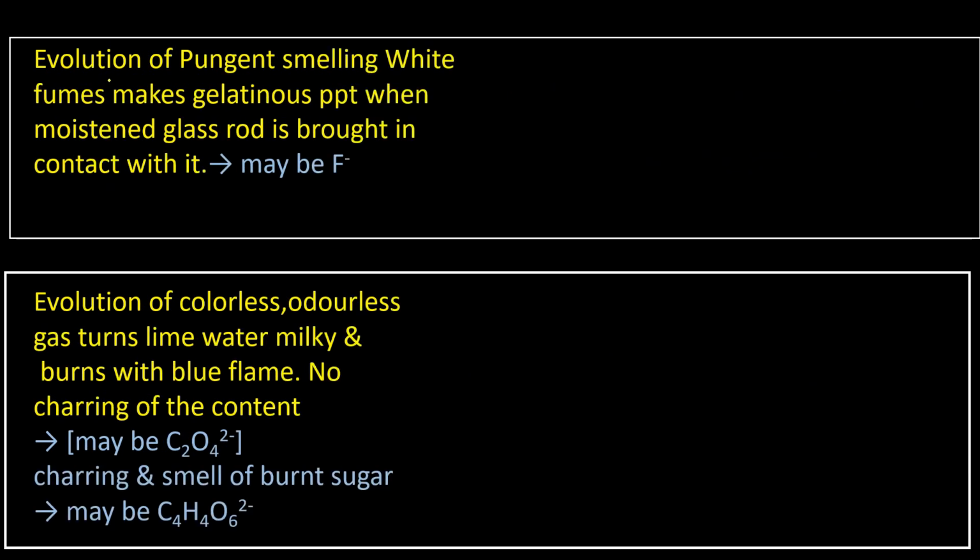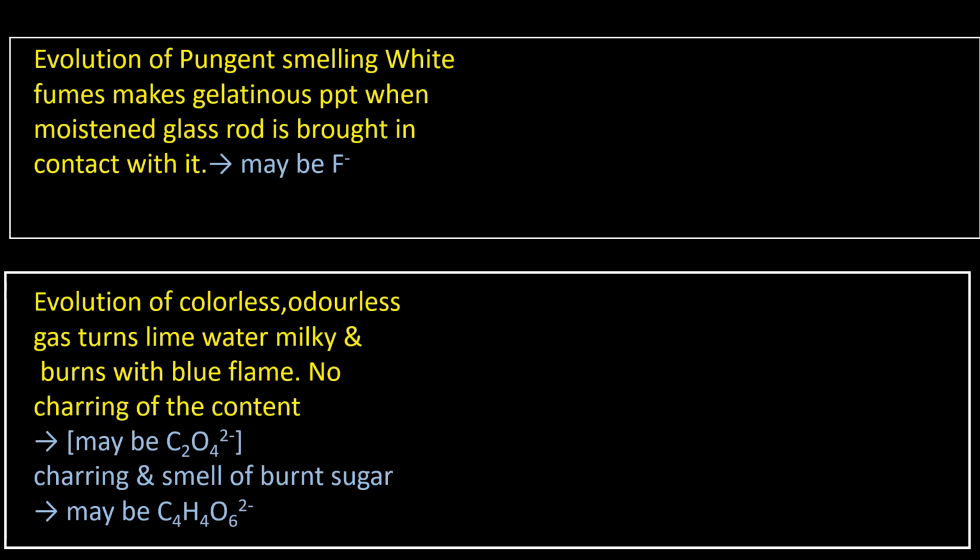Now coming to the next one. Evolution of pungent smelling white fumes makes gelatinous precipitate when a moistened glass rod is brought in contact with it. It may be fluoride. What is that? That means salt plus concentrated sulfuric acid.